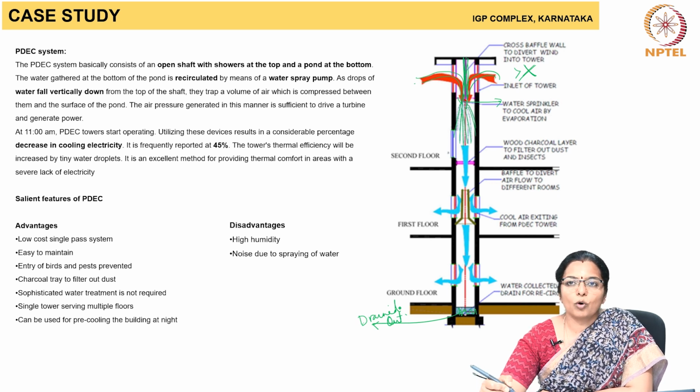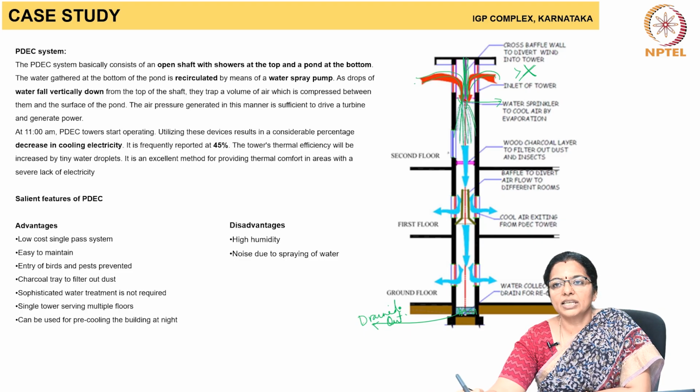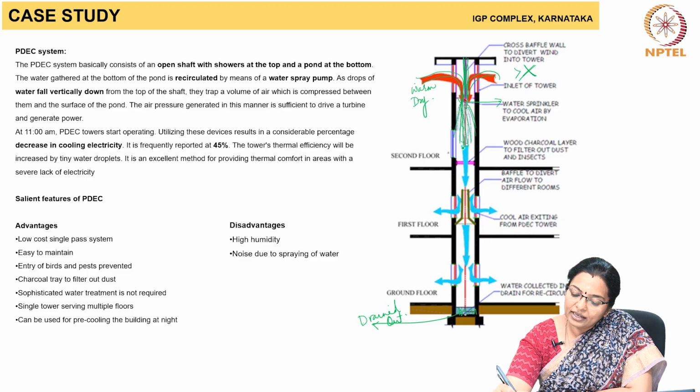What happens is, at 11 a.m. the PDEC towers start operating. They utilize these devices, resulting in a considerable percentage decrease in cooling electricity. Through this mist, the warm dry air is directed to come down, and it absorbs the moisture and flows below.